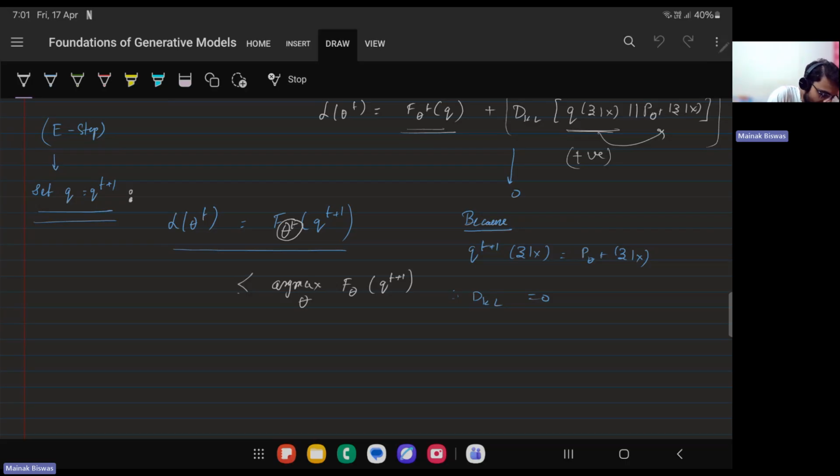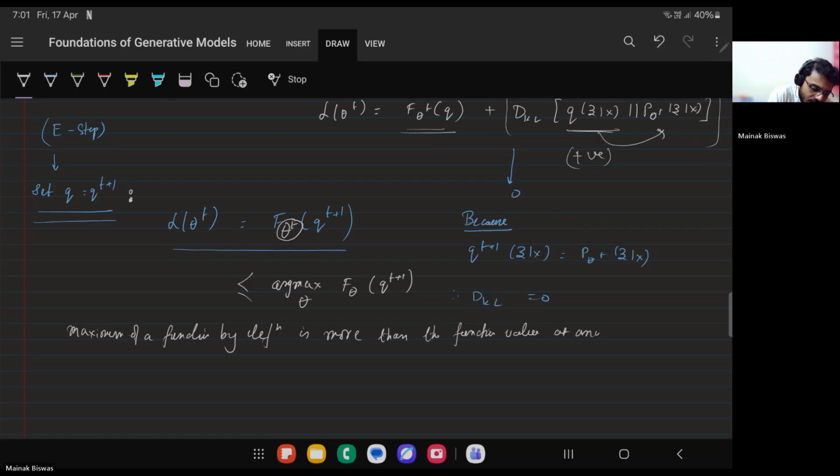The maximum of a function by definition is more than the function value at any instant, sorry. So here the instant is t. So now I have obtained this equation.